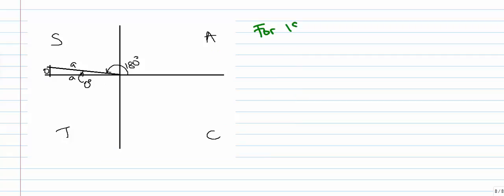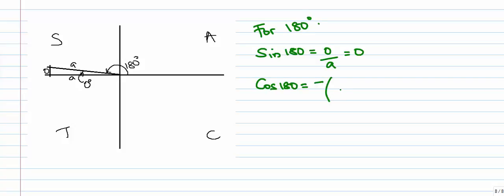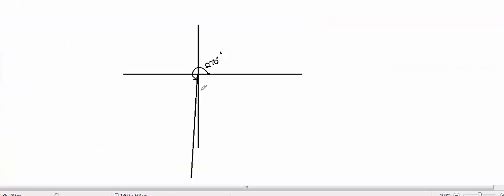For 180 degrees, we get its acute angle, which is 0 degrees, and then get the trig ratio for 0 degrees, and in that particular quadrant only sine is positive, that is tan and cos are negative.